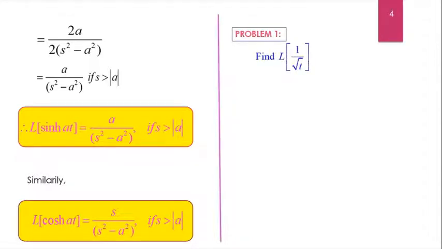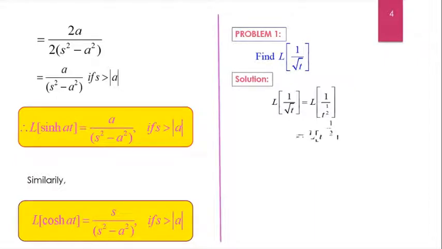Let us now find out what is Laplace of 1 by root t. Laplace of 1 by root t is equal to Laplace of 1 divided by t power 1 by 2, which could also be written as Laplace of t power minus 1 by 2. Since we know that the Laplace formula of t power n is gamma of n plus 1 divided by s power n plus 1, here in this problem, n is minus 1 by 2.